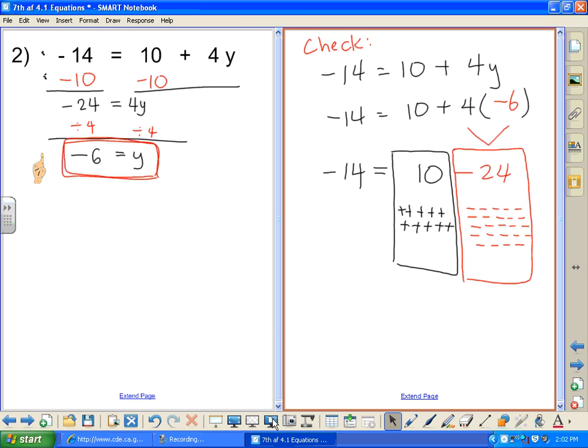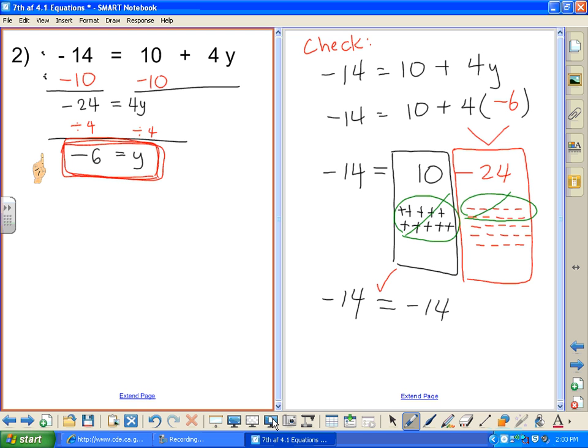What ends up happening? Well, these 10 positives are going to take out the 10 negatives here. They cancel out to zeros. And so the remaining negatives is my answer, which is negative 14. And so if you look at my original, negative 14 does indeed equal negative 14 on both sides. It checks out. My answer is indeed negative 6.